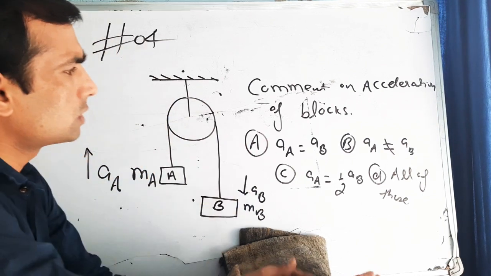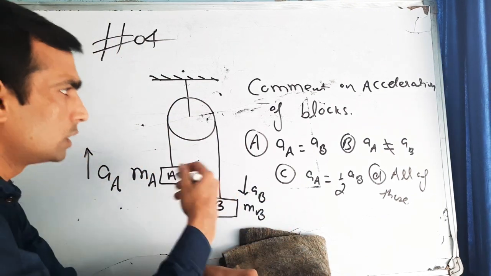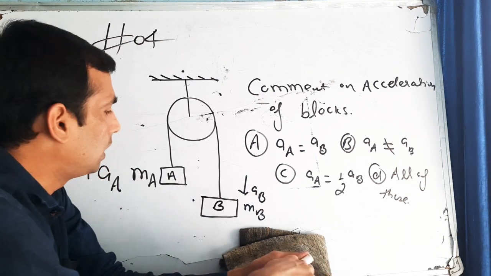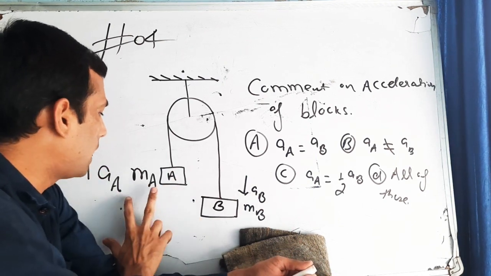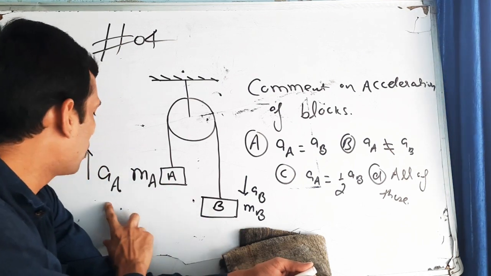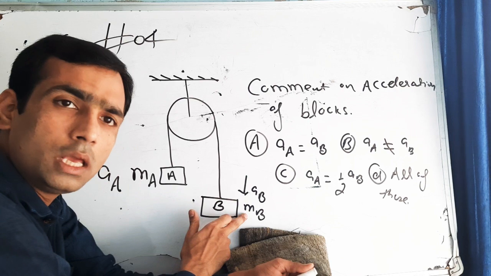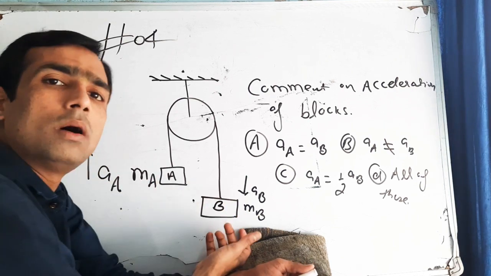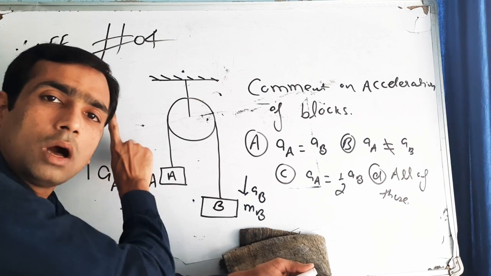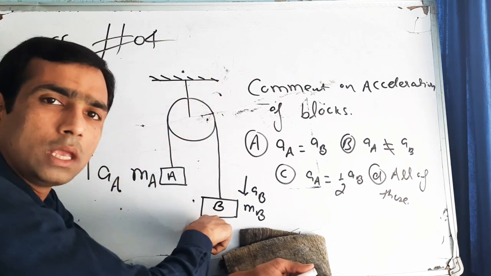So just take a screenshot. This is the question. Again I'm repeating, you can still write the question. This is block A and block B. Mass of block A is MA, mass of block B is MB, acceleration of block A is AA, acceleration of block B is AB. This is my choice: I'm considering block A going in the upward direction, block B in the downward direction.